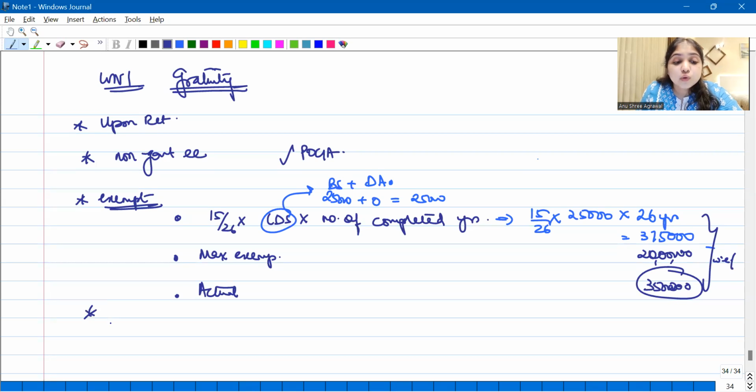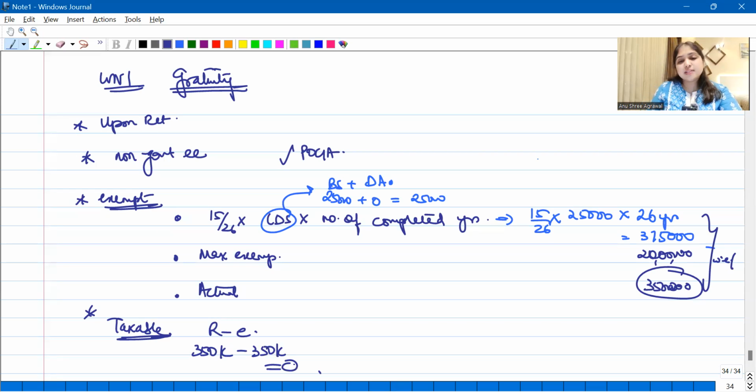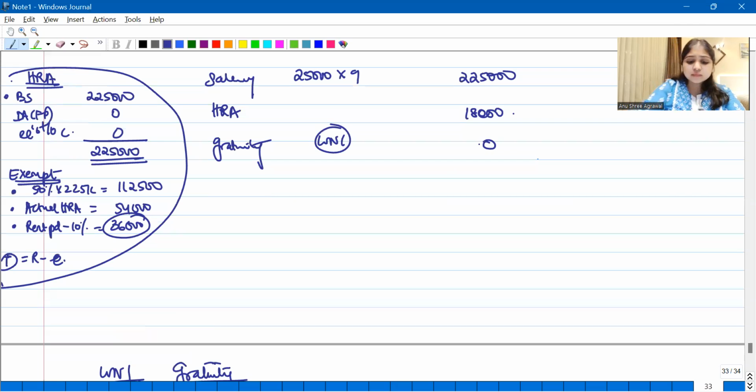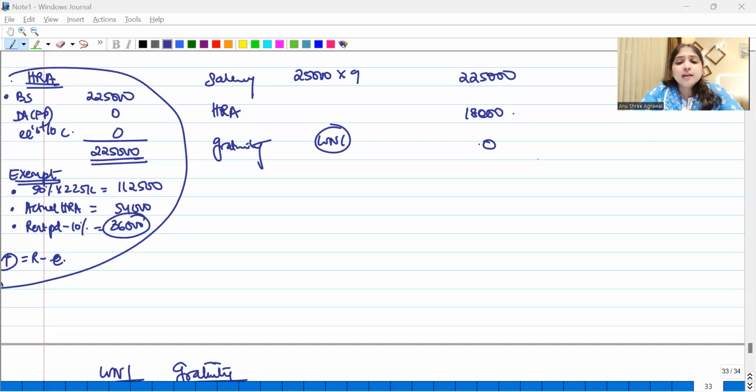So what is taxable? Received minus exempt is taxable. I received 3,50,000, and 3,50,000 is exempt. So nothing at all is taxable in gratuity.